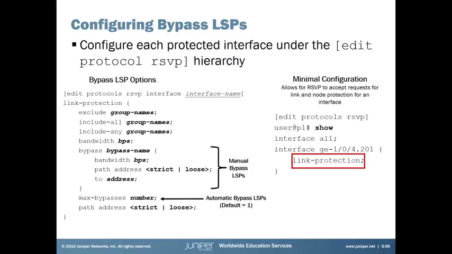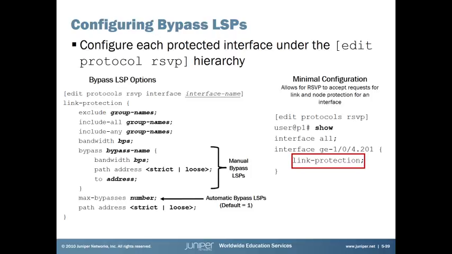Put all those constraints in, put a bandwidth in, and give it a name. We can put in strict and loose hops, and we put in the egress of our bypass LSP. Max bypasses default is 1. So all those things are possible.